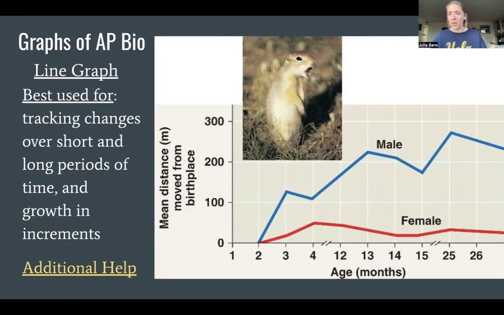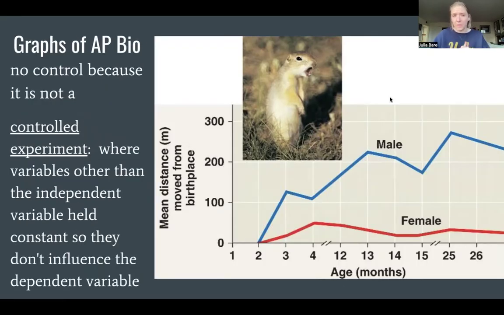And up until this point in AP Biology, we've mostly had experiments that included a control. However, for this particular graph, there is no control group. And that's going to be true also for the previous bar graph of the ravens dropping the seeds.